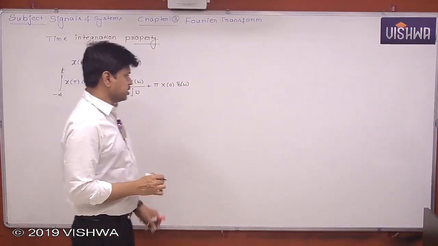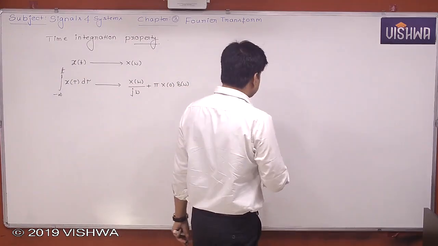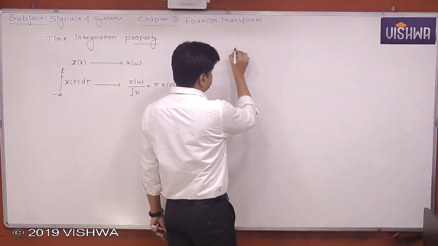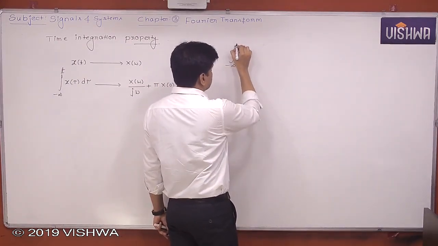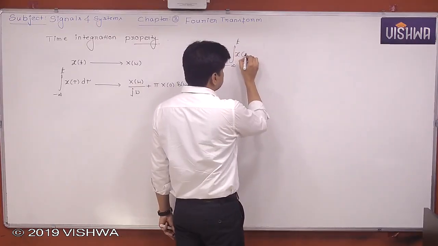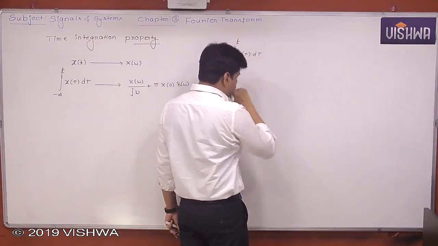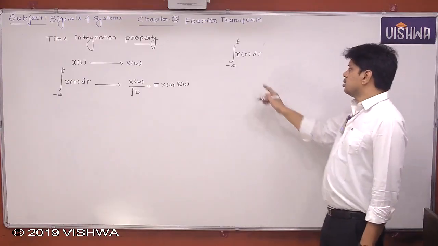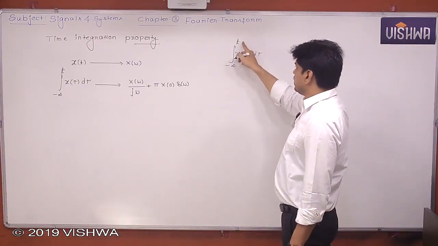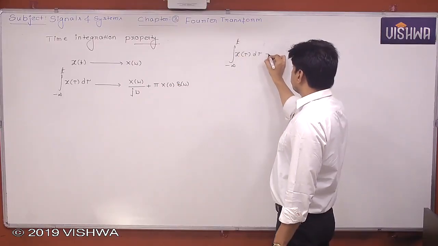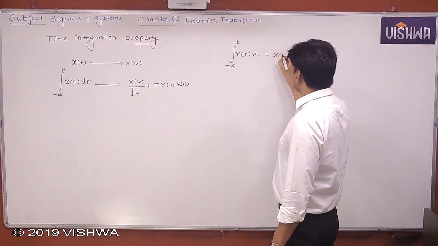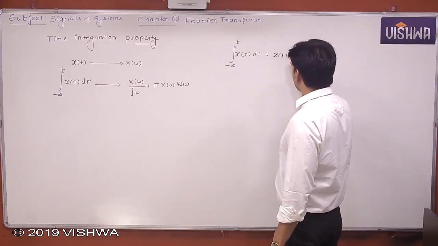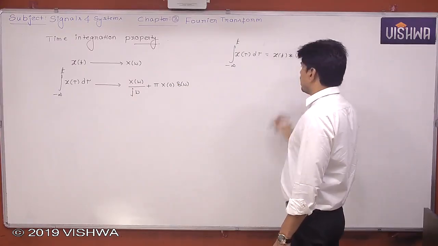How did we get this? Actually, the integral from minus infinity to t of x of tau d tau can be written as x of t convolution with u of t. In the basics we have discussed this.